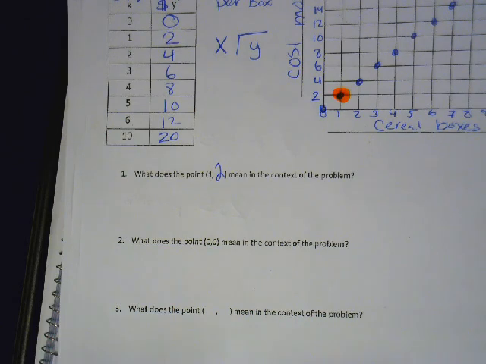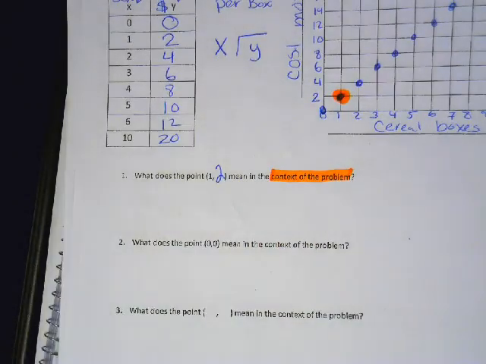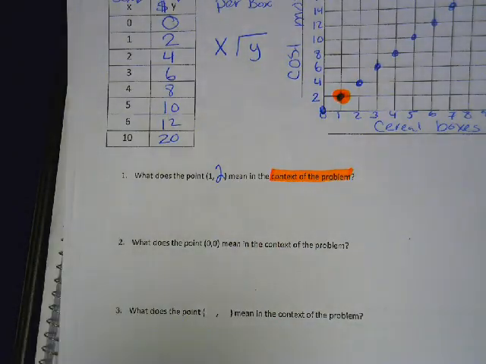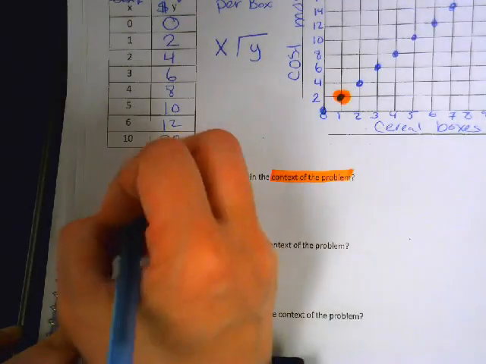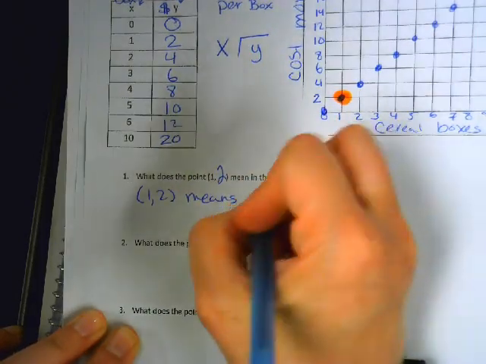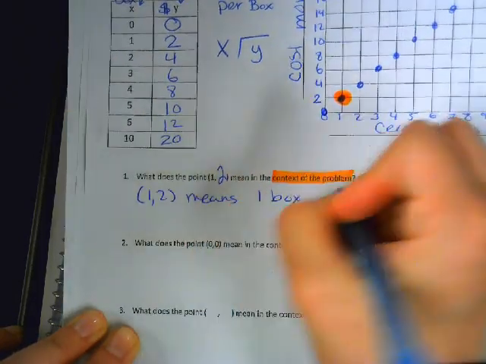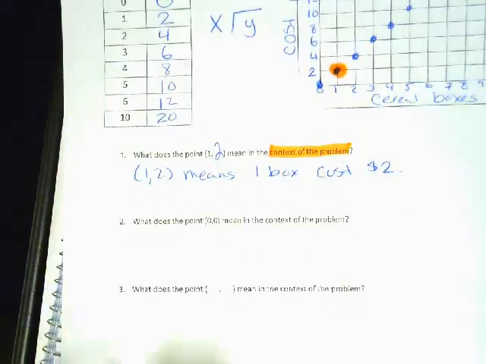Yes. So when it says context of the problem, you're not just telling me numbers. You're telling me in a story. 1 box for $2. It means 1 box costs $2. So you have to put it in like a statement.